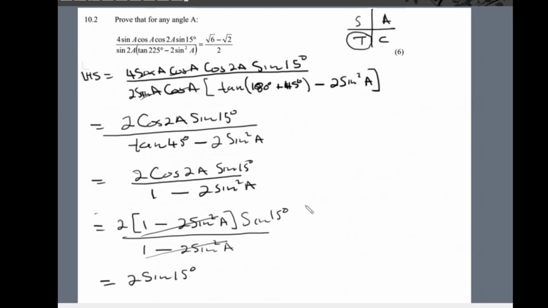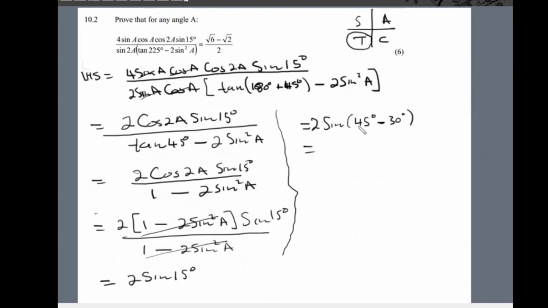But remember the goal is to prove that the left hand side is equal to the right hand side. So now sine 15 degrees is the same as saying sine of 45 minus 30. If you say 45 minus 30, you will get 15 degrees, right?